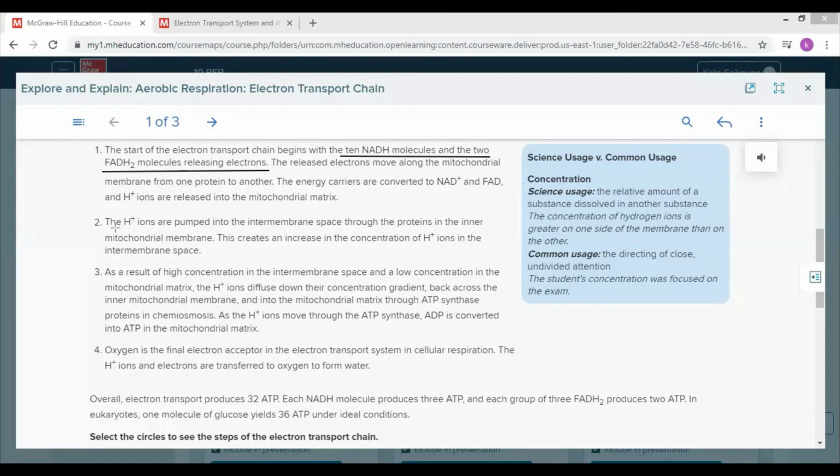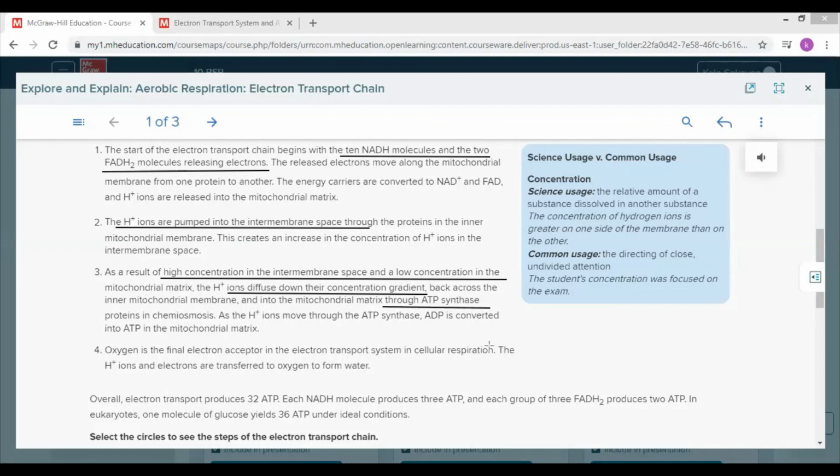High concentration of H+ ions are pumped into the membrane space, creating an increasing concentration of H+ ions in the outer membrane. So as a result, the high concentration of hydrogen ions will diffuse down the concentration gradient, from high concentration to low concentration, through the ATP synthase channel into the matrix.